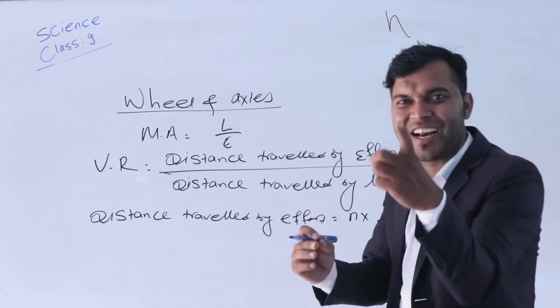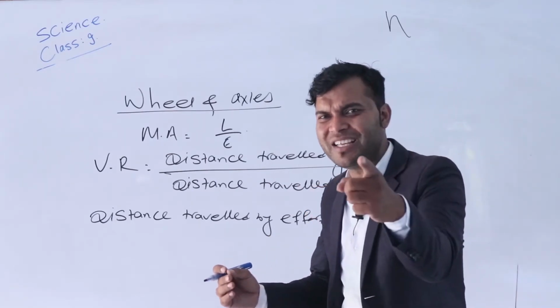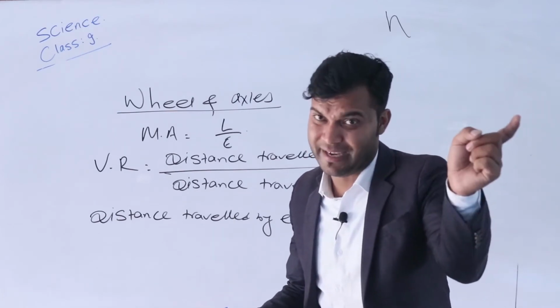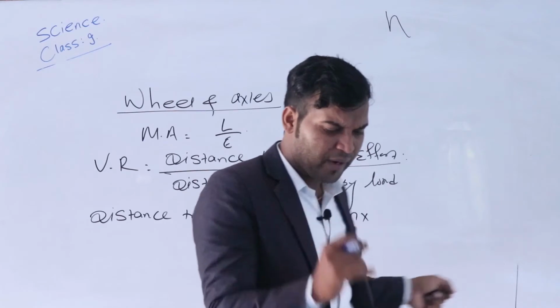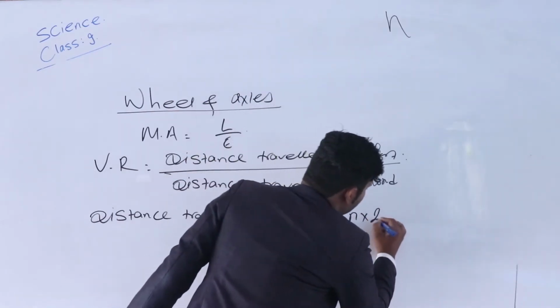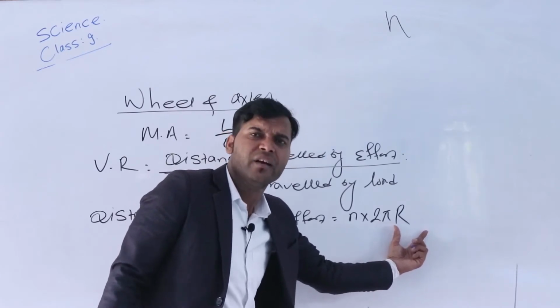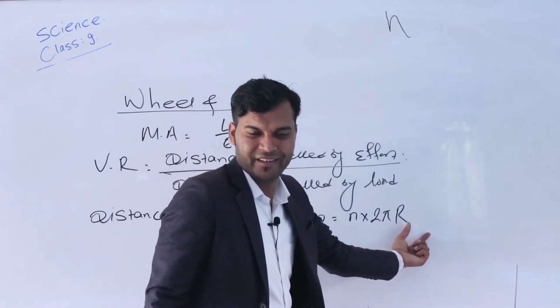I hope you are clear about the formula for the circumference of a cylinder in mathematics. The formula is 2 pi r. R means the radius of the larger cylinder or wheel.